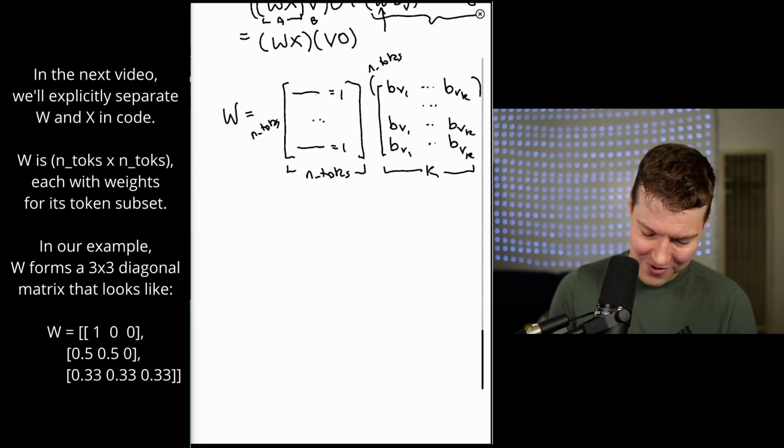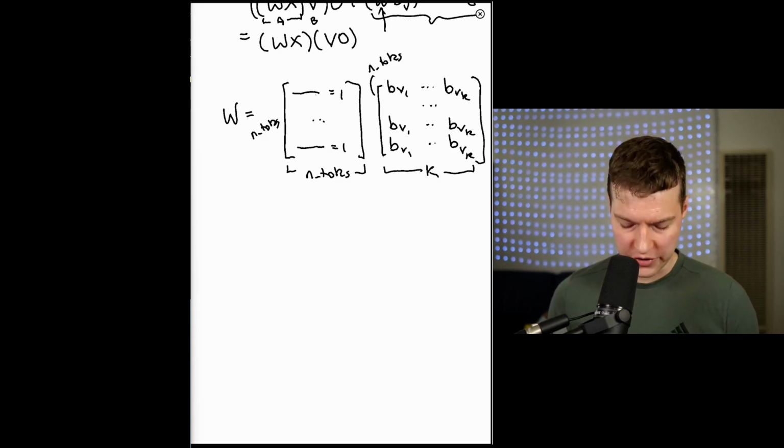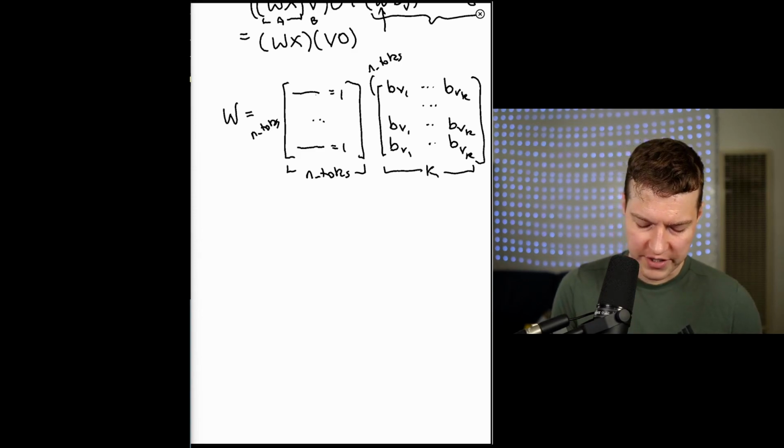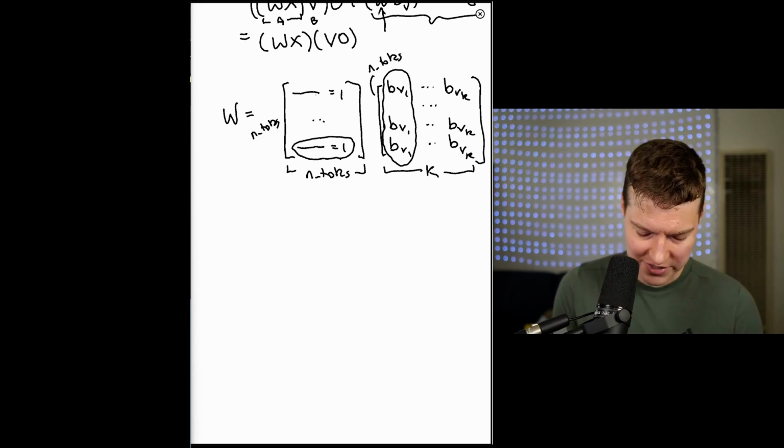Okay, so now we have this matrix times this one. After we have these weights here, we're taking each row and taking the dot product of each row with each column. And you might be able to see where this is going. Let's work it out. Let's try this first one, right?